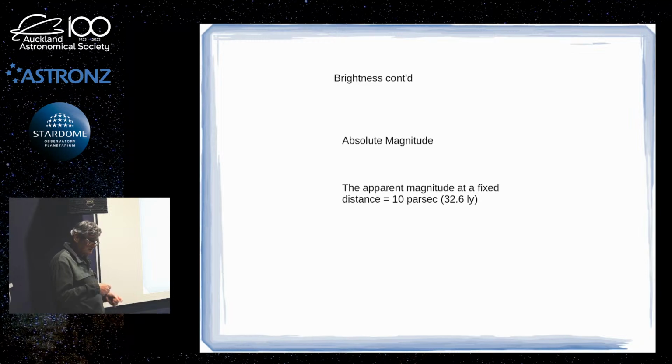So the absolute magnitude of a star is how bright it would appear to be if it was at a fixed distance of 10 parsecs. That puts the comparison of brightness between stars on an equal footing, so you know which are the really intrinsically bright ones. That's the difference between absolute and apparent magnitude.